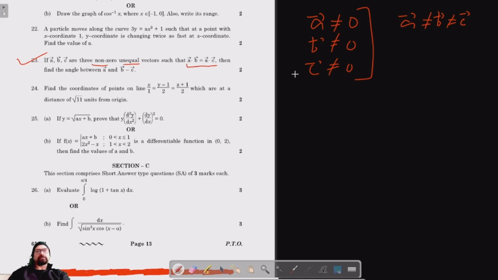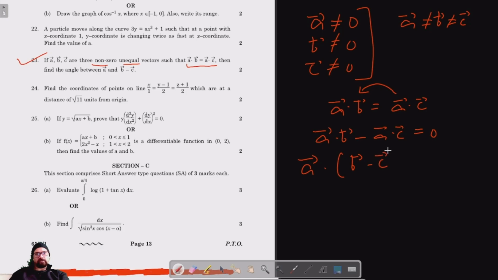Now it's given that A dot B is equal to A dot C. If I move this to the left hand side, A dot B minus A dot C is equal to 0. Using the distributive property, I can write it as A dot (B minus C) vector is equal to 0.